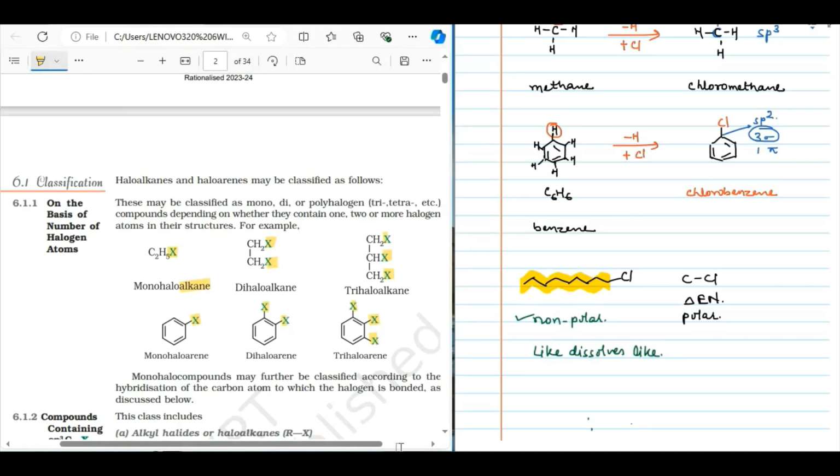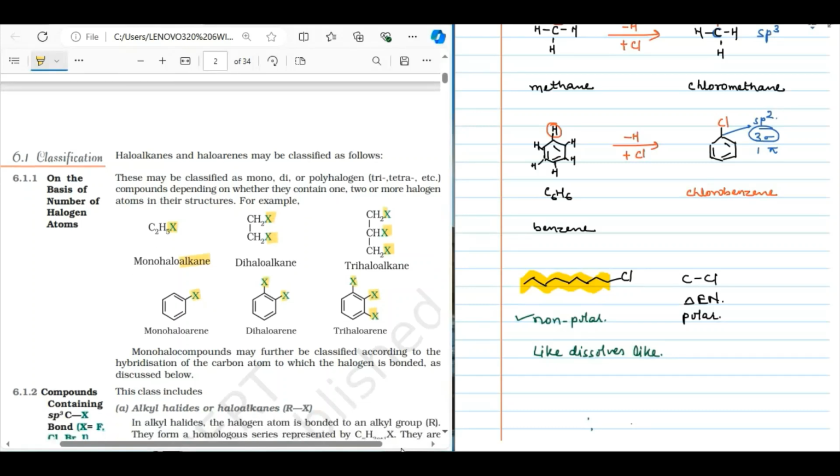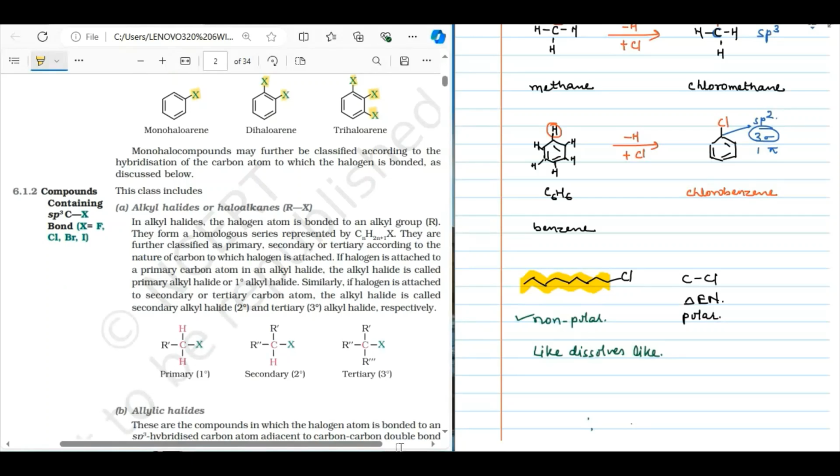Monohalo compounds may further be classified according to the hybridization of carbon to which the halogen atom is bonded. So let's see. Here we are going to discuss the classification on the basis of hybridization of carbon atom to which halogen atom is bonded. Compounds containing sp3 carbon bonded to halogen, where halogen may be fluorine, chlorine, bromine or iodine.